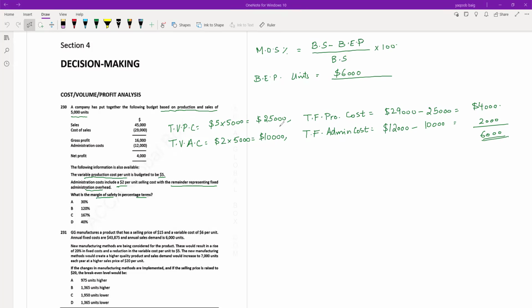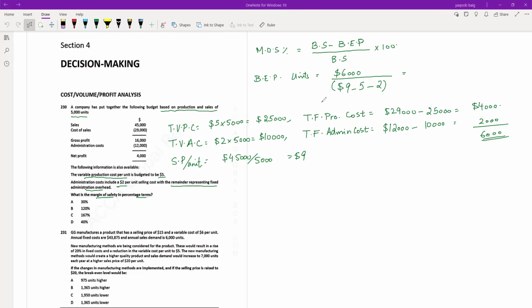divided by contribution per unit. We have total sales revenue of 45,000. So we need selling price per unit, 45,000 by 5,000, $9. So the selling price per unit is 9. Variable production cost is 5 and variable administration cost is 2.